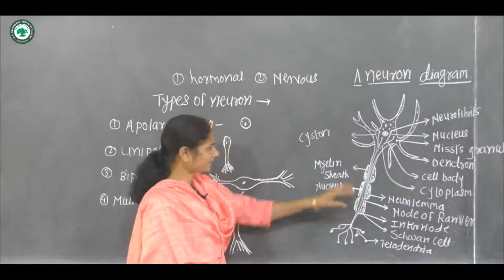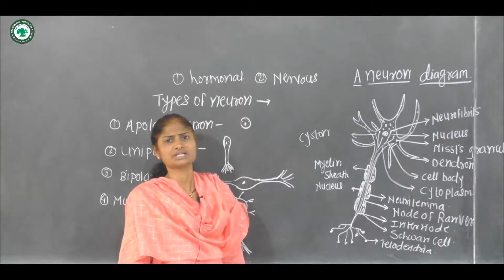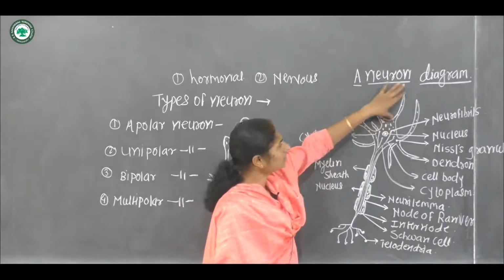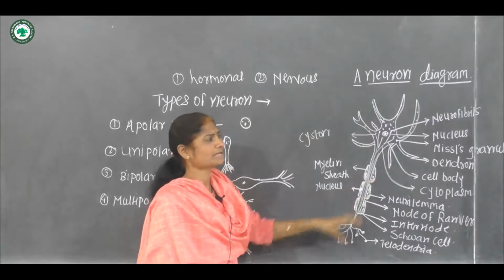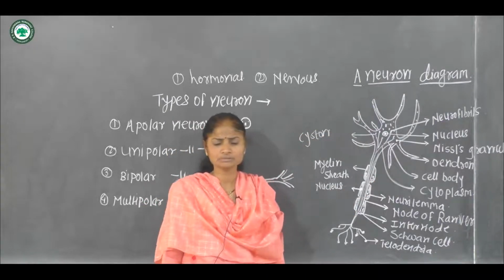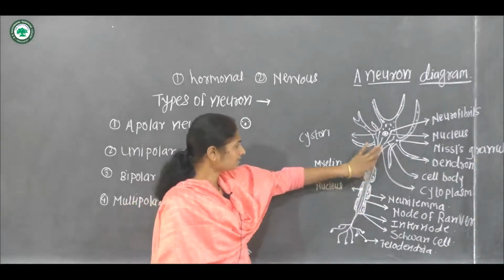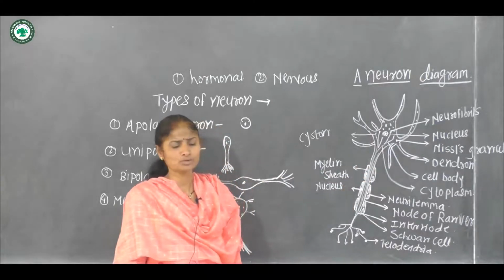The next part is the axon. The axon is a long process, larger in size and less branched as compared to the dendrons. Dendrons have many branches but axons have fewer branches. The axon cytoplasm is called axoplasm.